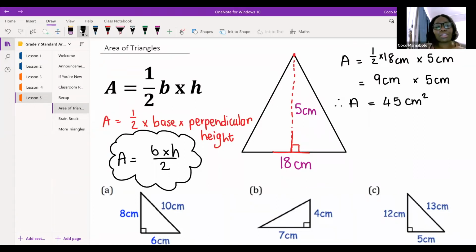We must have that squared there, because centimeters times centimeters gives us centimeters squared. If you just write centimeters, that means you're giving me the perimeter and not the area. So you must write centimeters squared, because we're multiplying centimeter by centimeter.